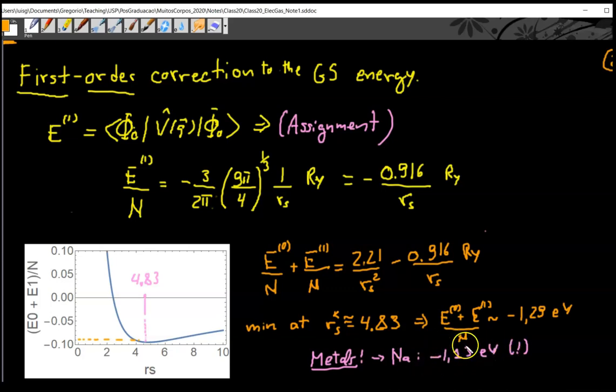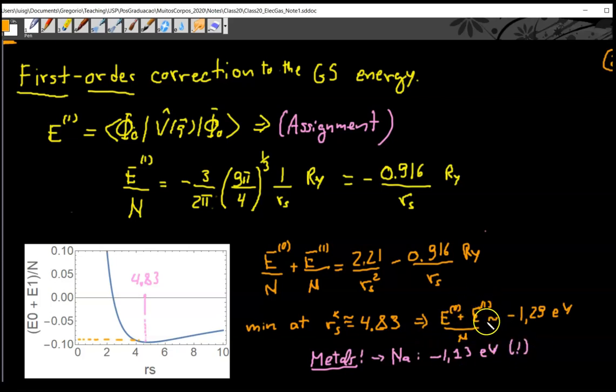And for other metals you have similar numbers, meaning you can see what's the rs corresponding to their binding energy, and they're around 5 here. So this means that this approximation is not too bad, right?